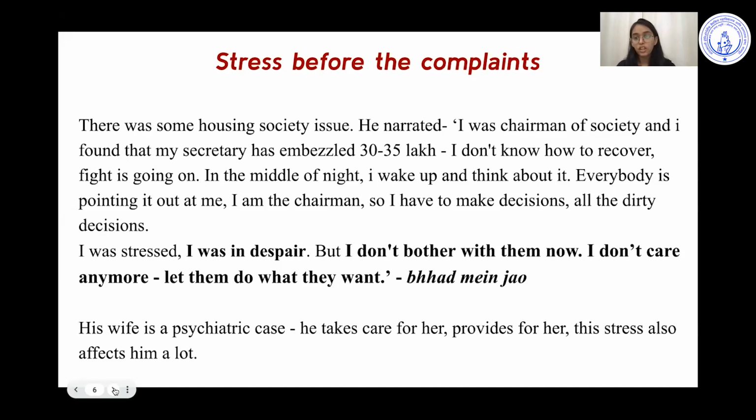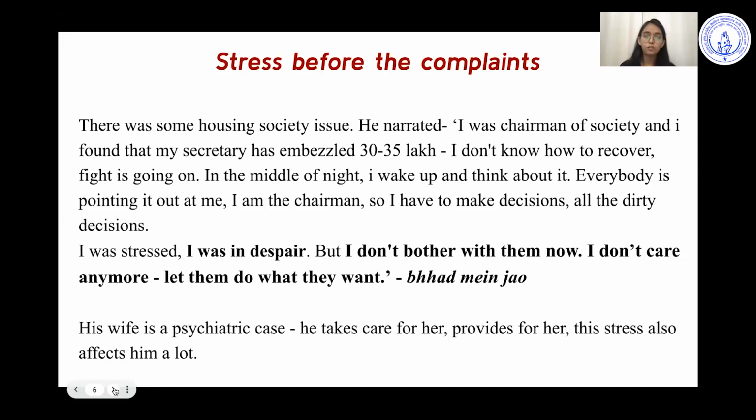As chairman, it was his responsibility to maintain everything properly under his leadership. Everyone was coming to him telling him that you should do this, you could have done that, and he had to pacify them. He had to be in the middle, cooperating with everyone, and all this was too much for him.